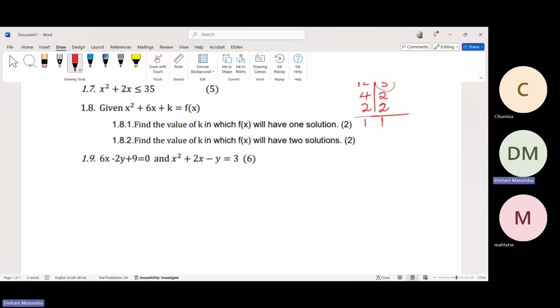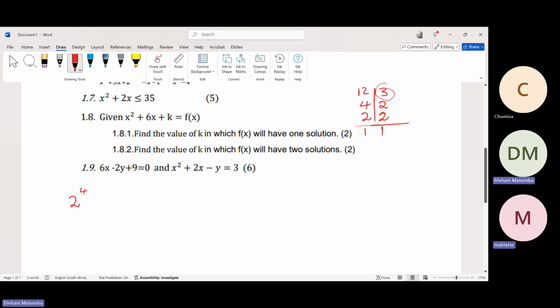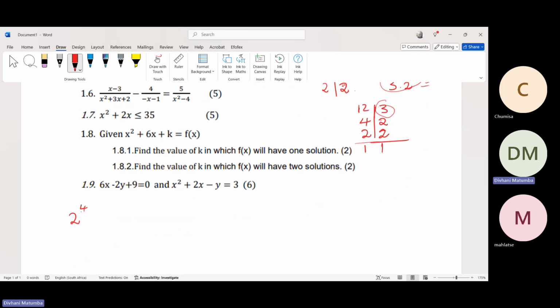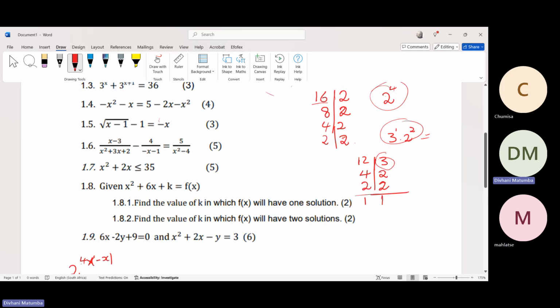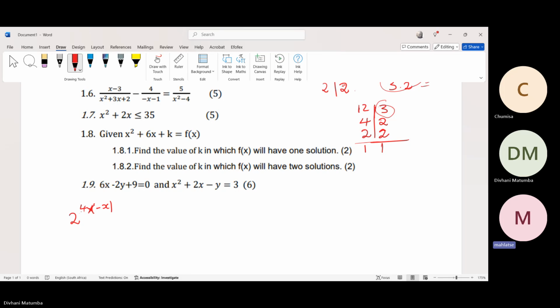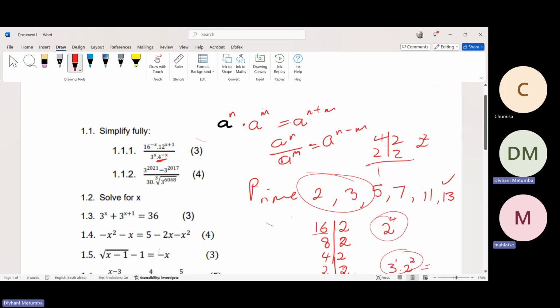Now let me put it into perspective. We have 16, and we said it's going to be 2 to the power of 4. We agree, right? Then it's to the power of minus x, times 12 to the power of x plus 1.